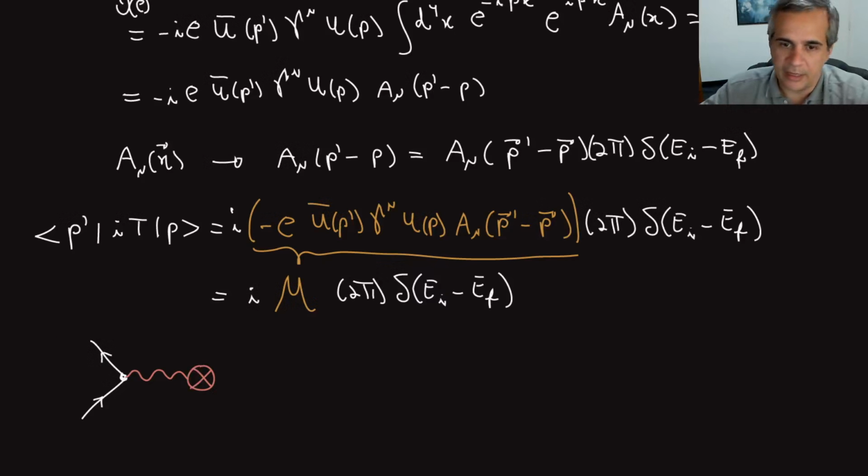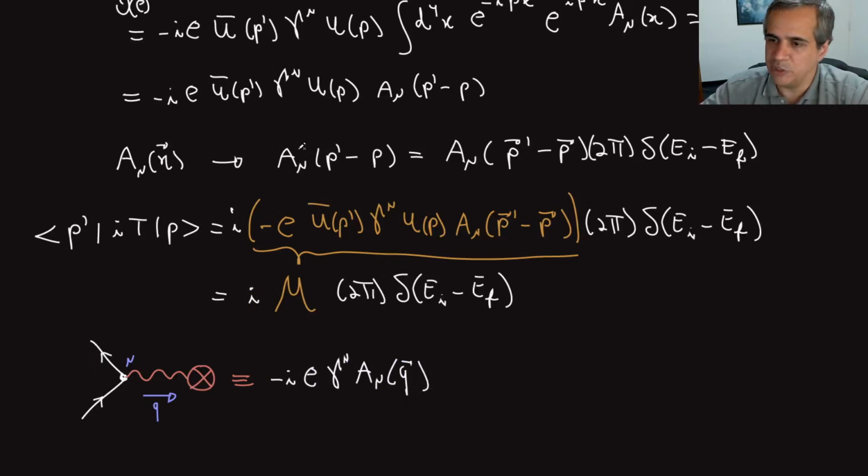And again, since this is a QED vertex, I have index mu, I also have indexes alpha and beta from the spinor indexes contracted here, but I will not repeat them. The important thing is that I have an index mu that needs to be contracted with a mu there, and I have some momenta going through here, and this I can write as minus i e gamma mu A mu of q, right?